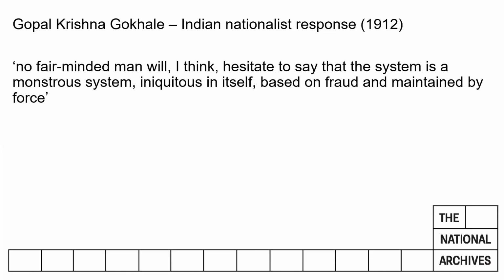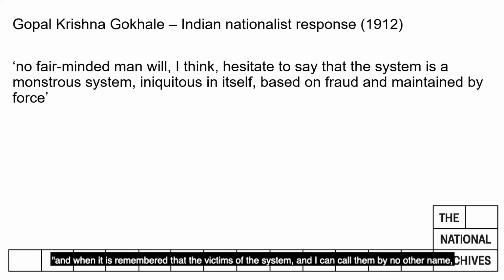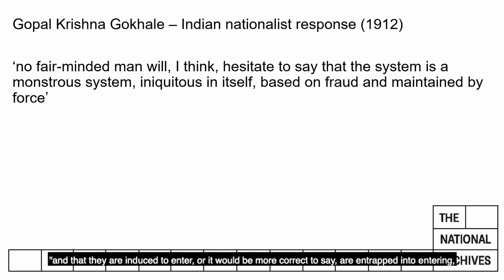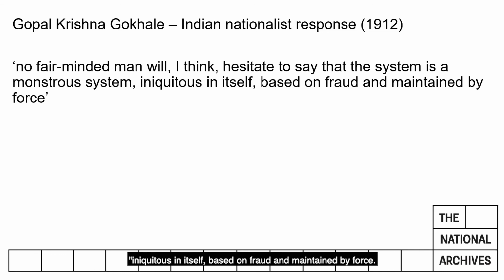Having highlighted the iniquities of the system, Gokhale then brings part of his argument to a close by saying, "These, sir, are the principal features of the system. And when it is remembered that the victims of the system, and I can call them by no other name, are generally simple, ignorant, illiterate, resourceless people belonging to the poorest classes of this country, and that they are induced to enter, or it would be more correct to say, are entrapped into entering into these agreements by the unscrupulous representations of wily recruiters, no fair-minded man will, I think, hesitate to say that the system is a monstrous system, iniquitous in itself, based on fraud and maintained by force.